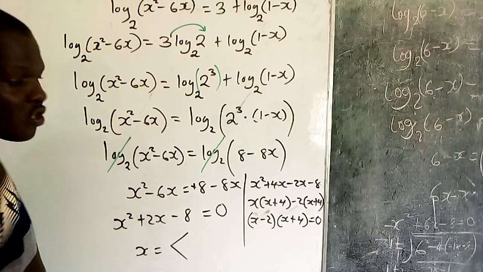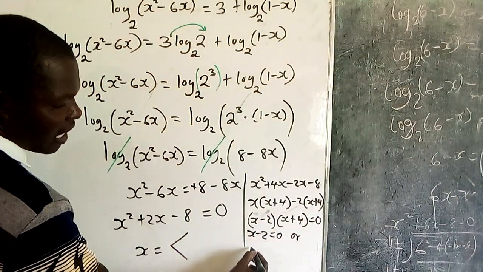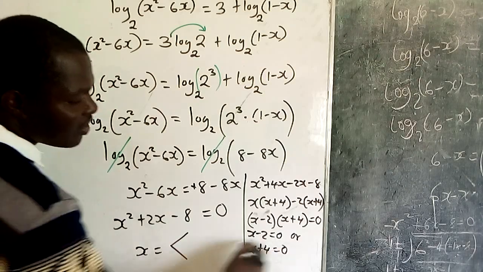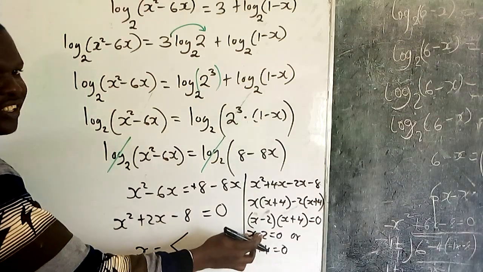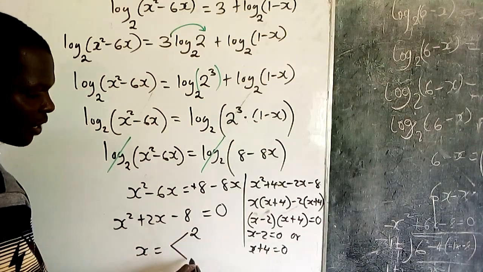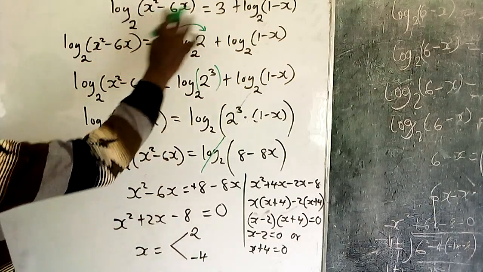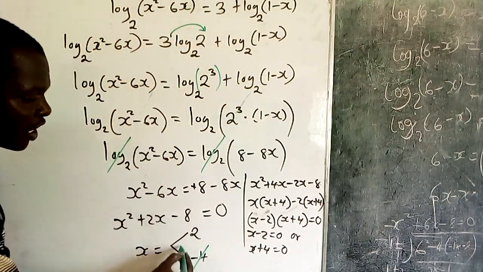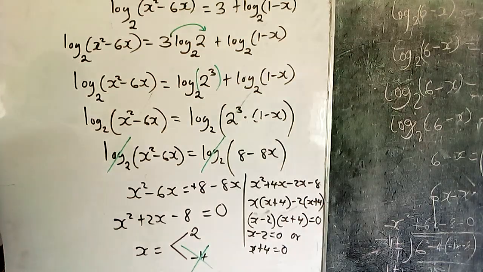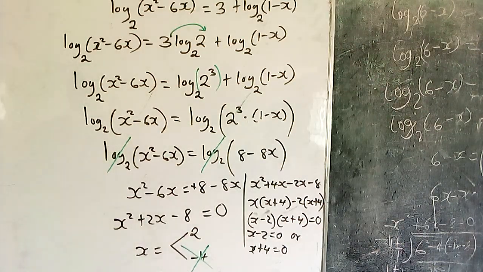So either the first term, which is x minus 2, is 0, or the second term, which is x plus 4, is 0. So if you solve the first case here, you get x is equal to 2, isn't it? If you solve the second case here, you get x is equal to negative 4. But you see, these logarithms did not have absolute values, so you ignore the negative solution. Are you seeing? So in the end, you get your solution of x to be equal to 2.